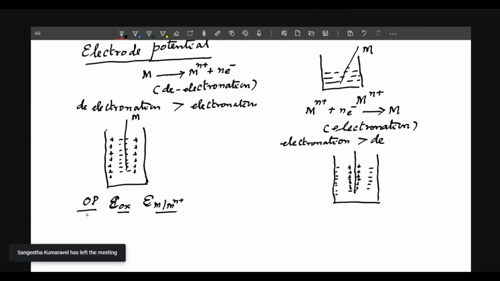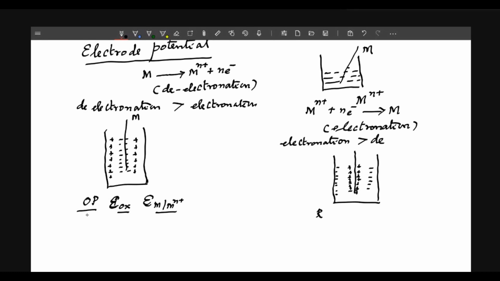Because the predominant species is Mn+ undergoing reduction, it would be near the electrode, and the other species would be on the other side. Here also there is an electrical double layer, and its junction potential we call the reduction potential.